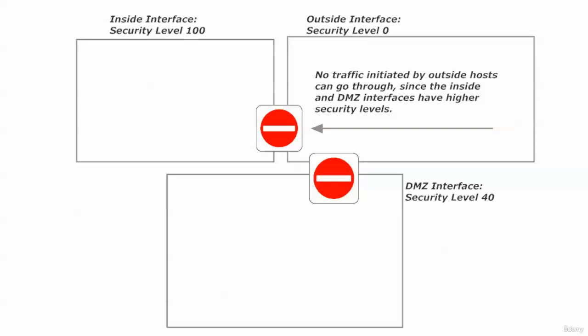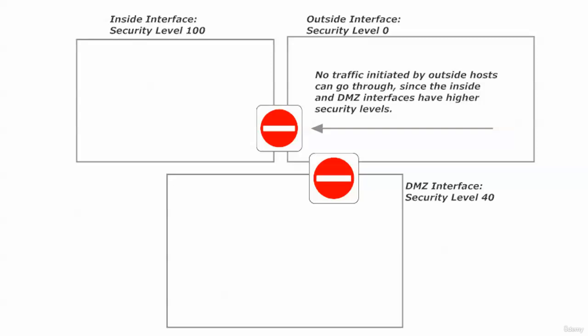Because no traffic initiated by outside hosts is going to go through, because the inside and DMZ interfaces have higher security levels. Now, this is a good default, right? This is why we have a firewall in the first place, to protect our inside devices, our inside network, and should we have one, a DMZ, from all these outside hosts.